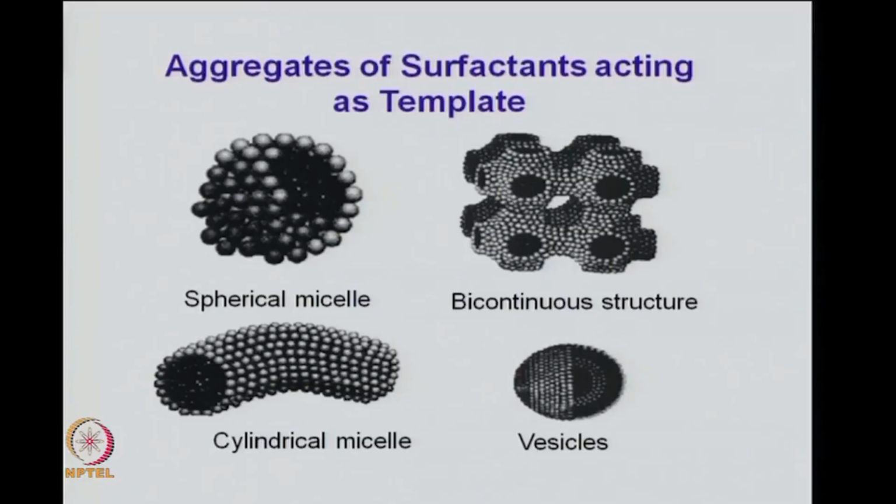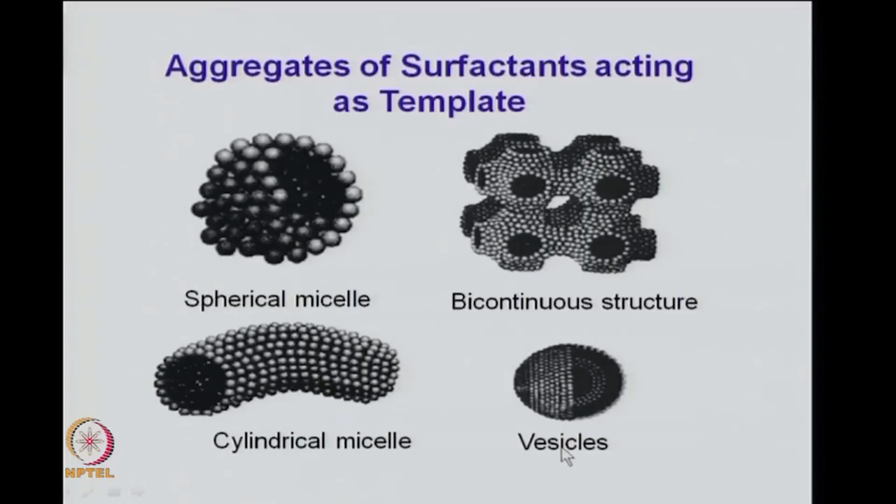So, the tail and the head together form a molecule which is called a surfactant, and these surfactants can organize themselves to form spherical micelles, or they can form cylindrical micelles, or they can form two micelles, one inside and one outside, with a gap in between which goes throughout the sphere, and this kind of aggregate of surfactants is called a vesicle.